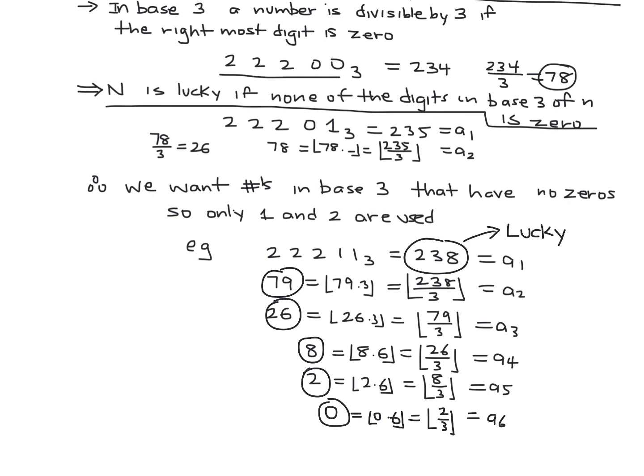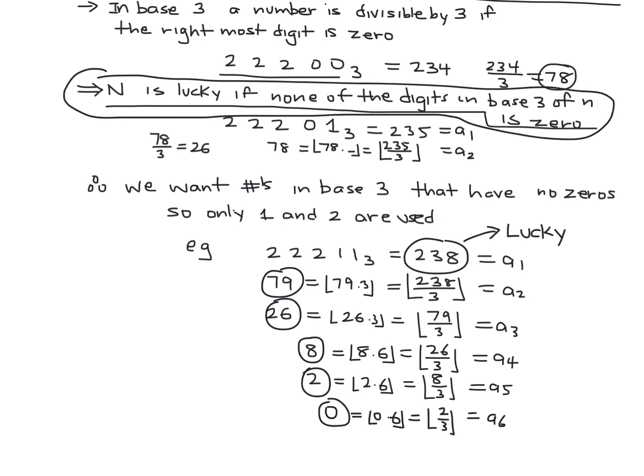So let's go back to this point that n is lucky if none of the digits in base 3 of n are 0. Okay, so that means we want numbers that have no zeros. So we'll make a little table: number of digits in the number, the examples, and then the total.